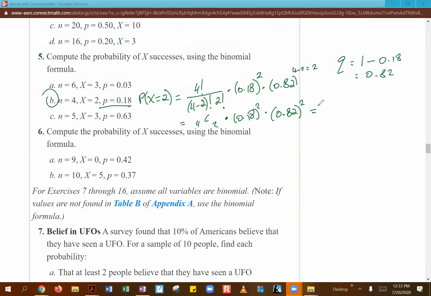And what does that come out to? So I'm going to use the combination key on my calculator to do that first part. Okay, so get the answer from that, and then just multiply with 0.18 raised to the second power times 0.82 raised to the second power.